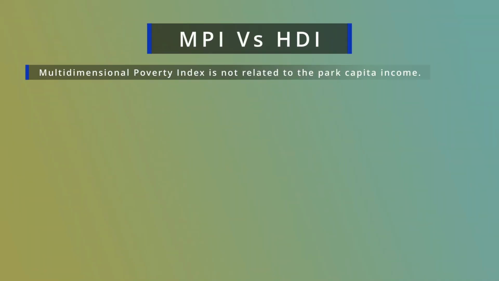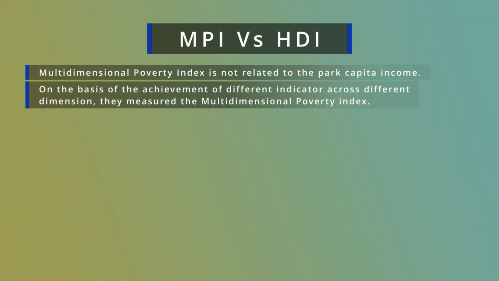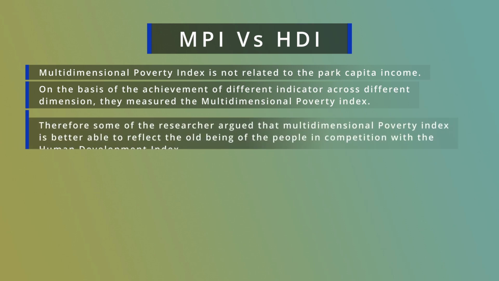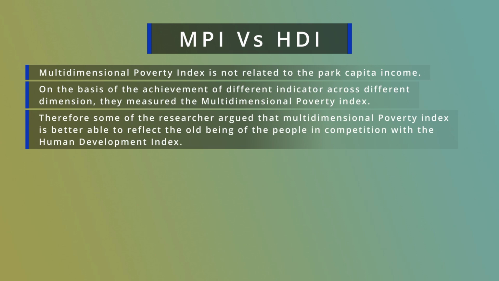Whereas the multidimensional poverty index is not related with per capita income. It is measured on the basis of the achievement of different indicators across different dimensions. Therefore, some researchers argued that the multidimensional poverty index is better able to reflect the well-being of the people in comparison with the Human Development Index.